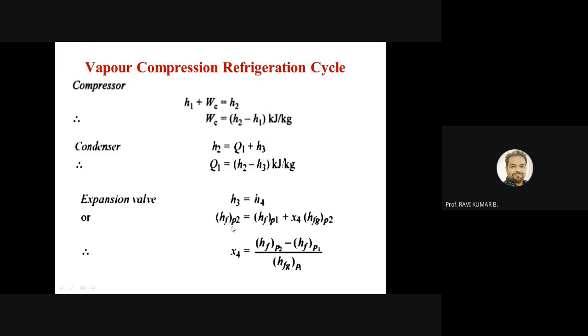So we can write H3 = HF at P2 = HF at P1 plus X4 HFG at P2. H3 you already know, because the entry to the expansion valve is basically liquid. But after the expansion, if the temperature is changing, we can find the dryness fraction X4 using this equation.